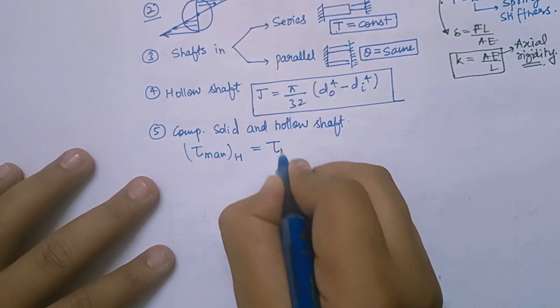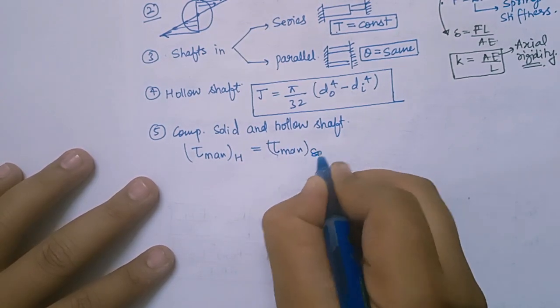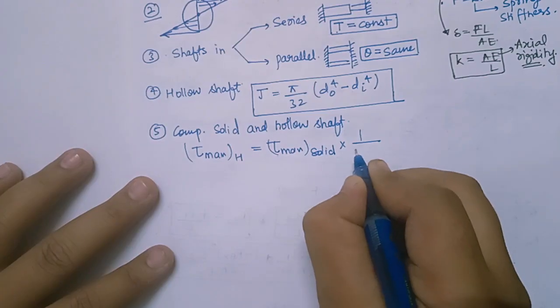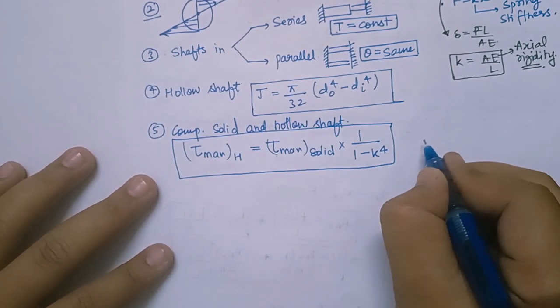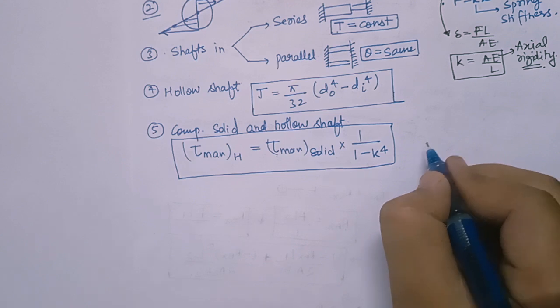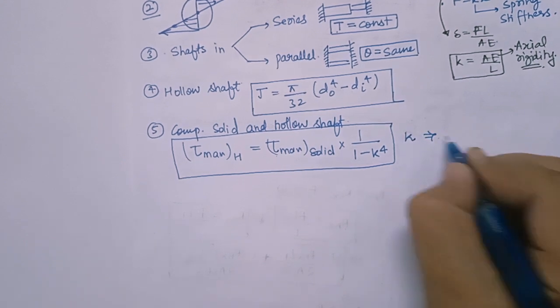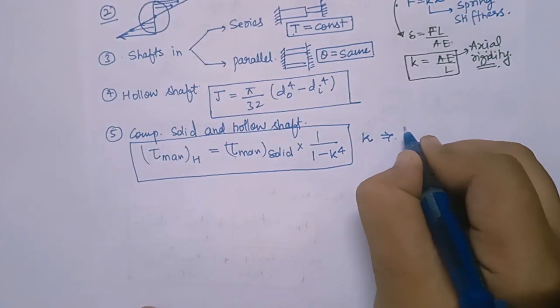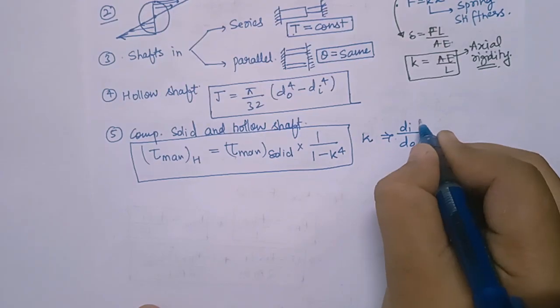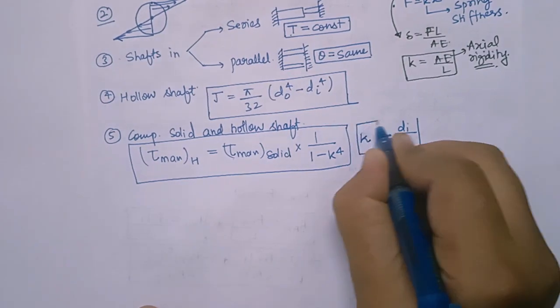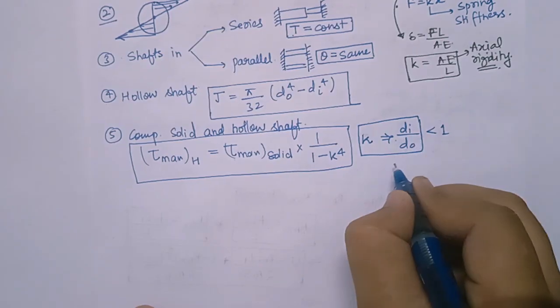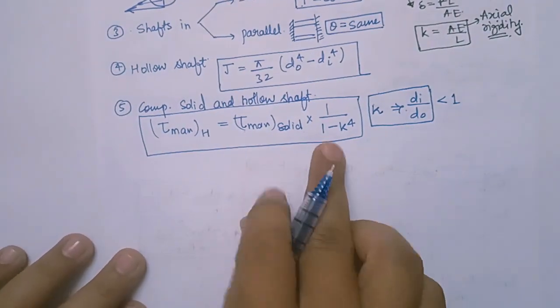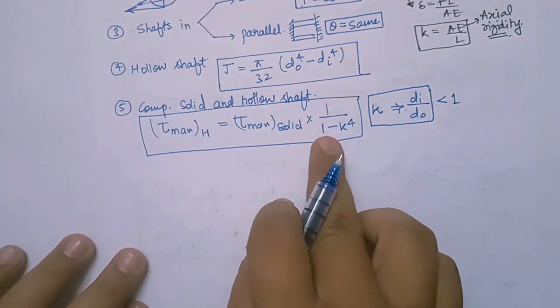It is solid into 1 upon 1 minus K^4. Right, this is very important. And what is K? K is inner diameter upon outer diameter. So this will be less than 1 because the inner diameter will be less. Right. So that is important, the factor which comes here, 1 upon 1 minus K^4.